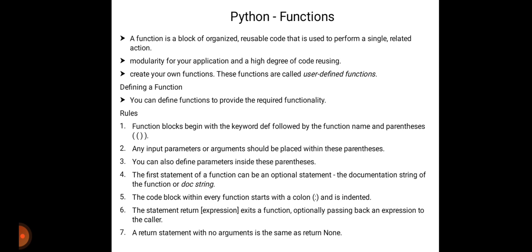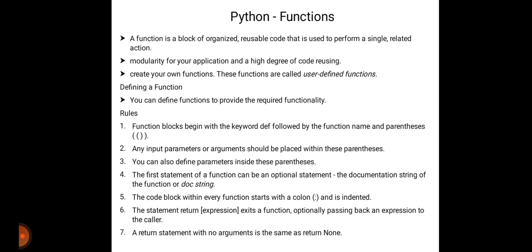Whatever you have to declare or define in your code, you write in the parentheses. You can also define parameters inside these parentheses. The first statement of a function can be an optional statement, the documentation string of the function, or docstring.